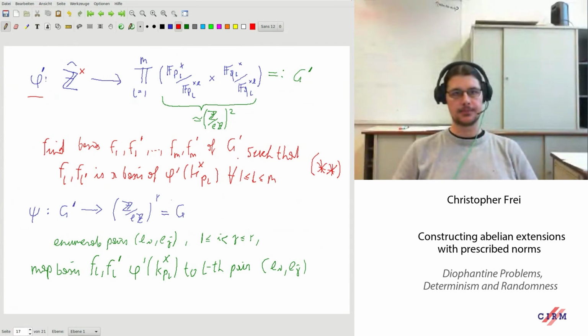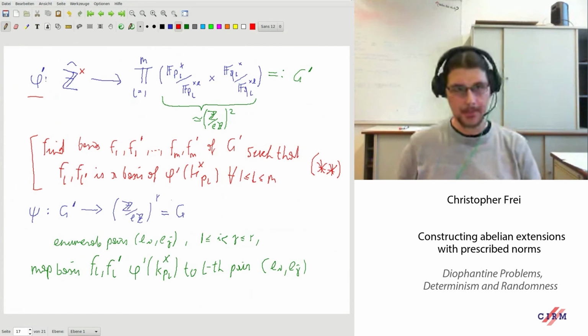And now, about this here, I'm going to say a little bit later on, so that's sort of the most technical part of our construction.